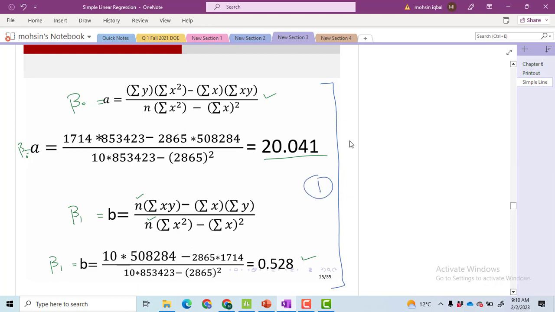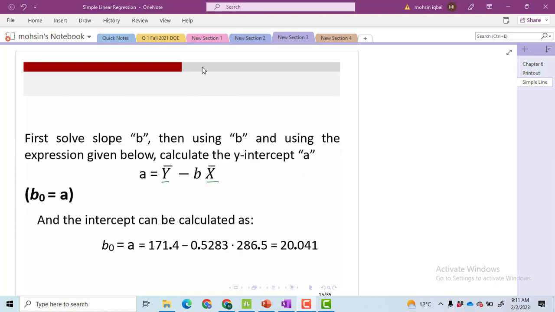Method number 2, in order to simplify it: calculate beta 1 initially using this formula, and after the calculation of this value 0.528, there is a shortcut formula. As you know, y is equal to a plus bx. Just rearrange it by bringing bx to this side, so y bar minus b x bar is equal to a.